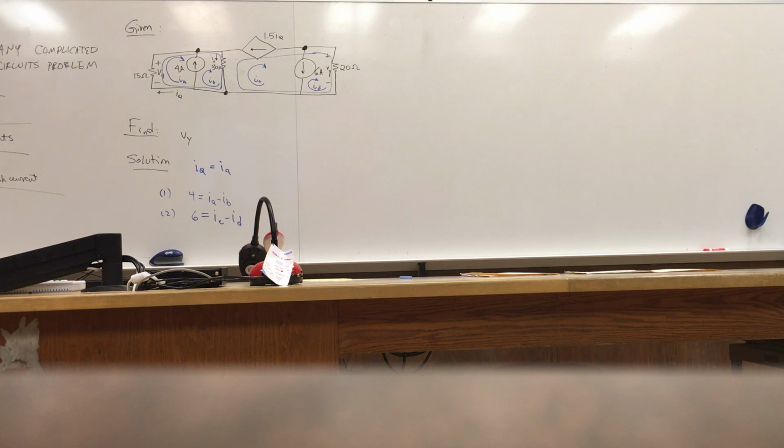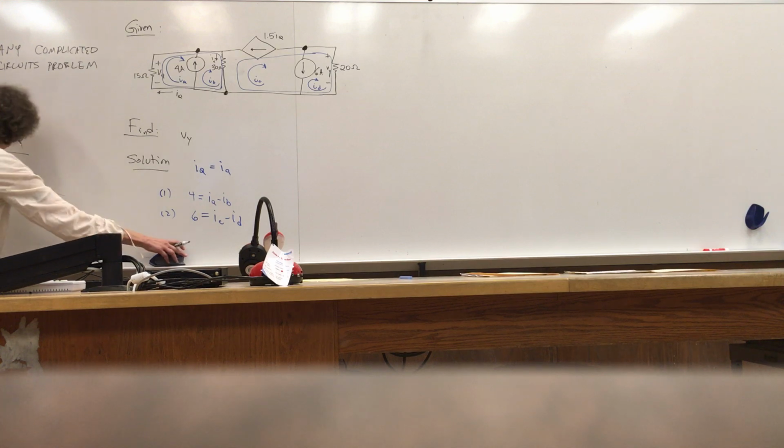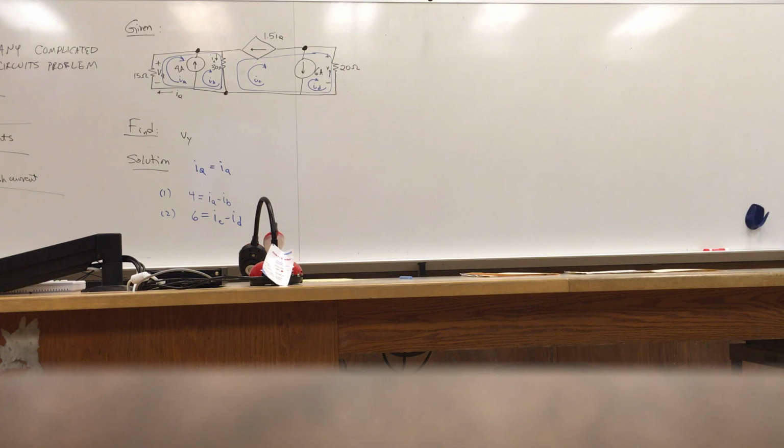If it's the dual, am I going to use the current law? No, I'm going to use the voltage law. I'm going to do Kirchhoff's voltage law for all non-perimeter... See, I'm trying to make it sound the same, but I just can't.